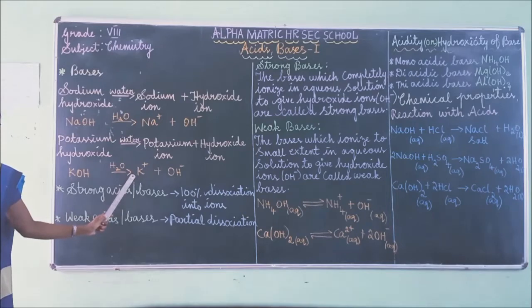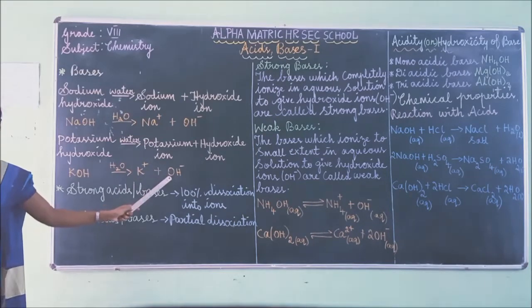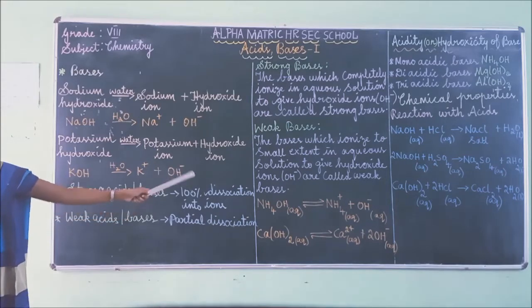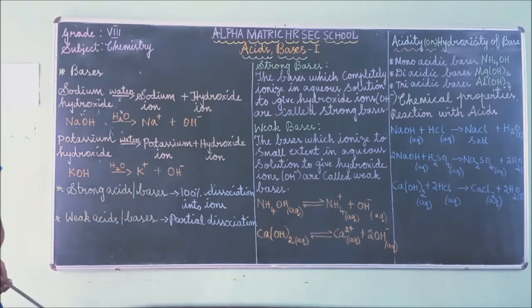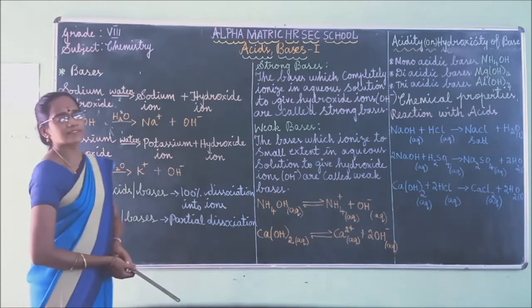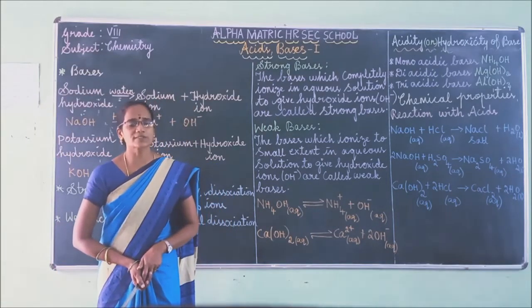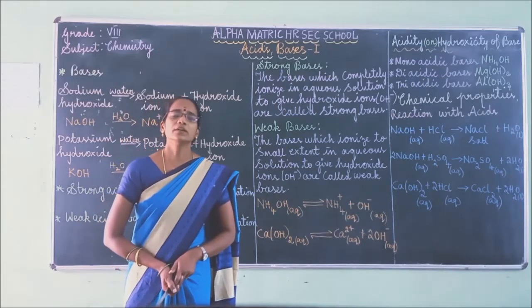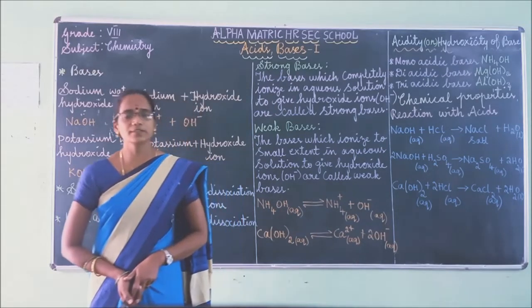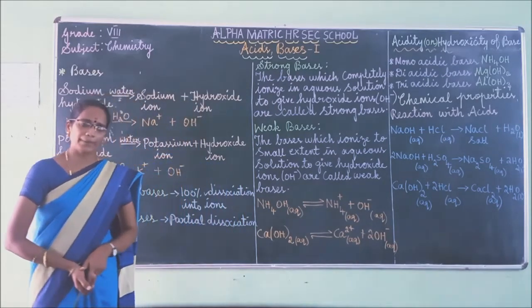K+ ion is nothing but potassium ion. Along with that, OH- ion, that is hydroxyl ion, is released. So, a base is a chemical substance which releases hydroxide ions when dissolved in water. This is the definition for base.